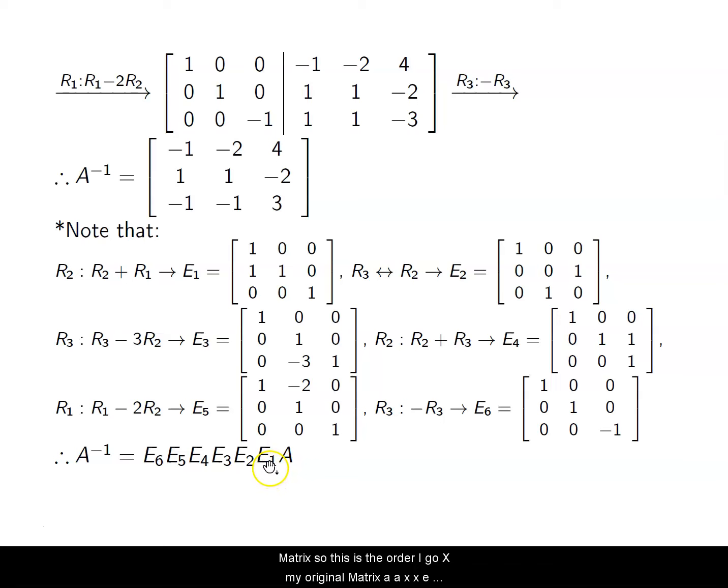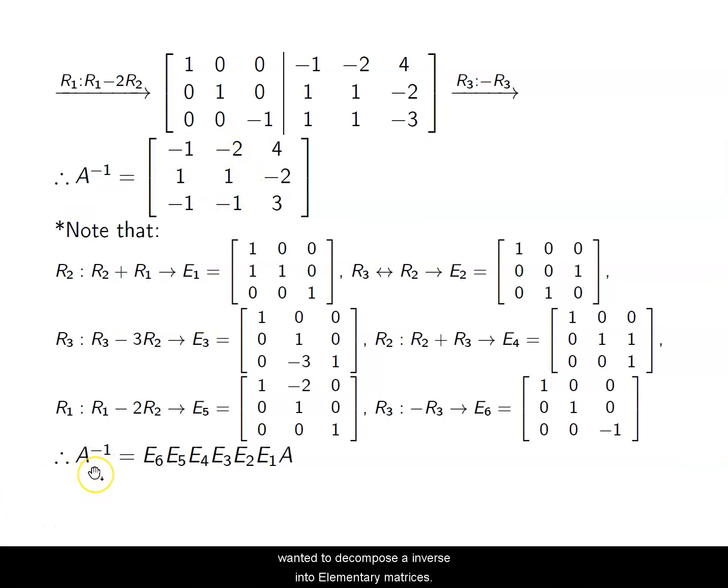I multiply times E1 and then E2 and then E3 and then E4, then E5, then E6 in order to get to A inverse. Okay. If I multiplied all these matrices out, this one times this one times this one times this one times this times A, I will come out with my A inverse. Okay. So this is a factorization actually of A inverse.